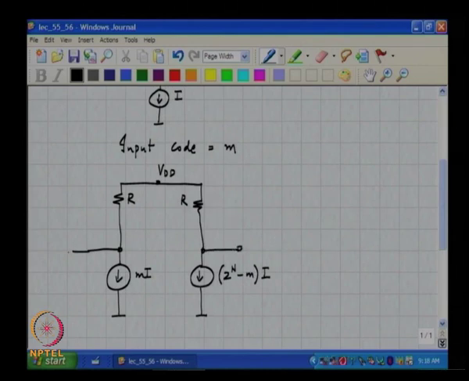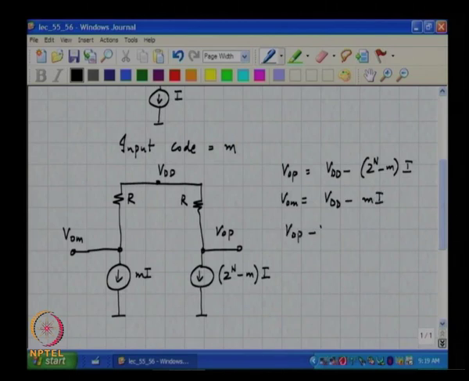VOP will be VDD minus 2 to the n minus M times I times R, VOM is VDD minus M times I times R. So, VOP minus VOM will simply be MIR times 2 minus 2 to the n times IR, which is IR times (2M minus 2 to the n).